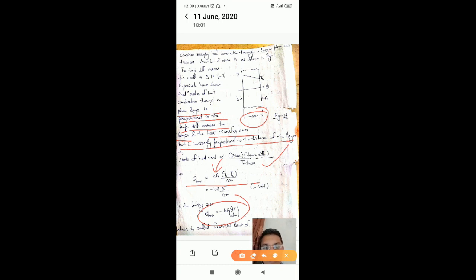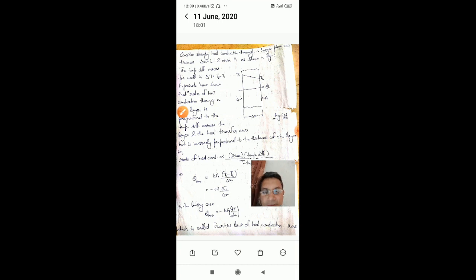So the thing which I want to take up here is the negative sign. Just look at that one, the negative sign. So what does this show? Negative sign, what does it represent?